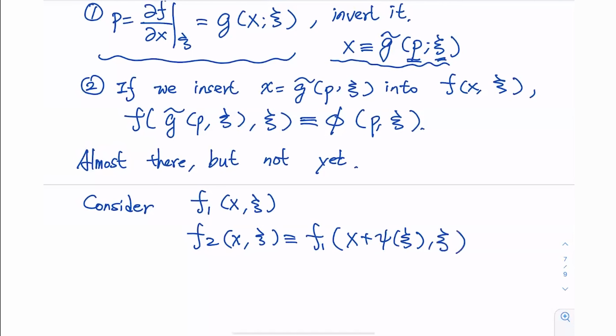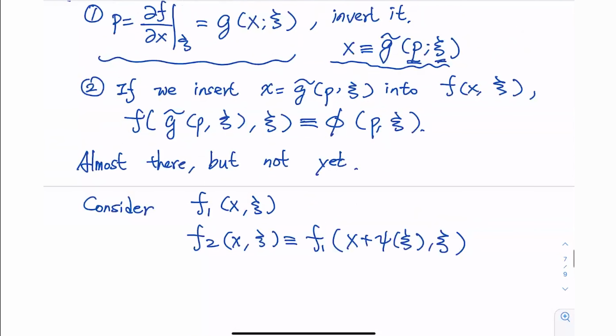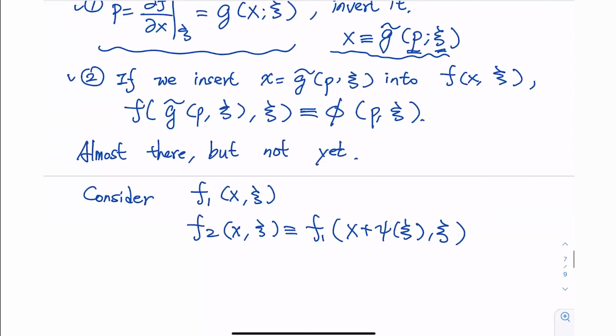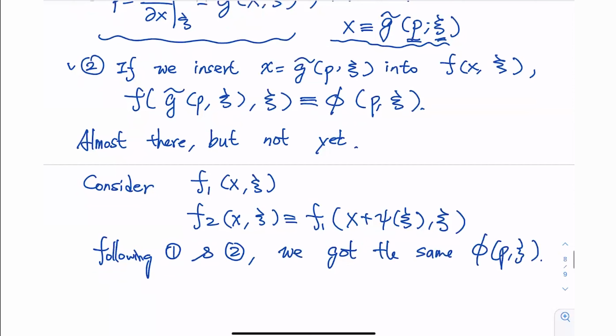You can always construct such a function. And what you will find is that if we follow these two procedures, procedure 1 and procedure 2, basically we get the same phi of p and c. You can try to show that afterwards, but I'll just tell you that you will get the same result.